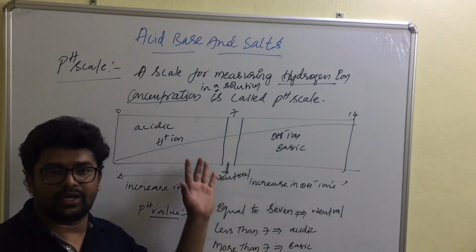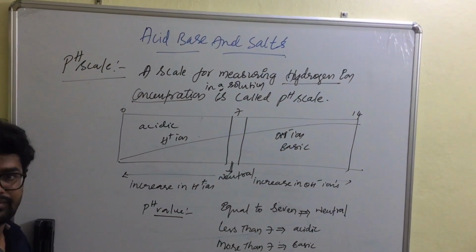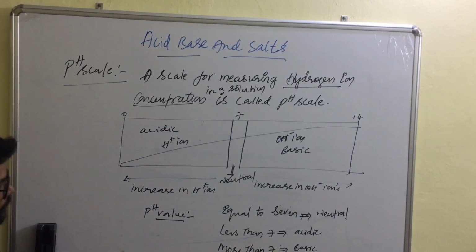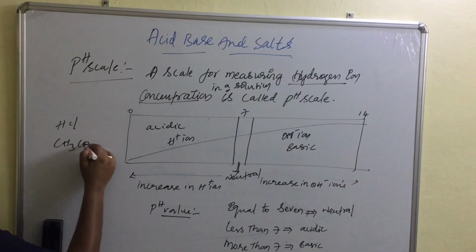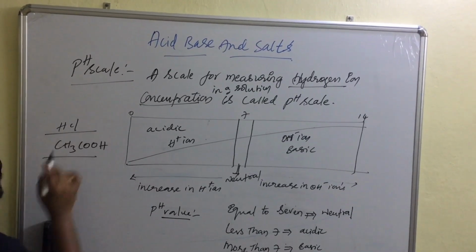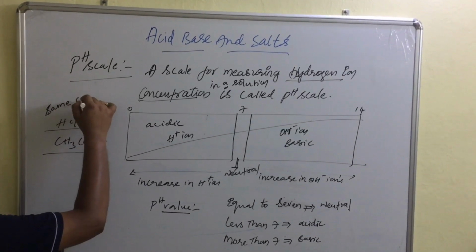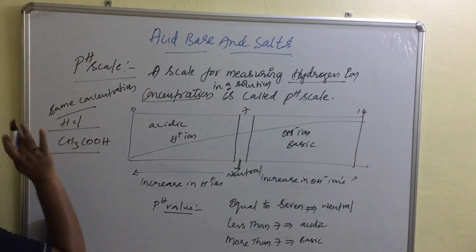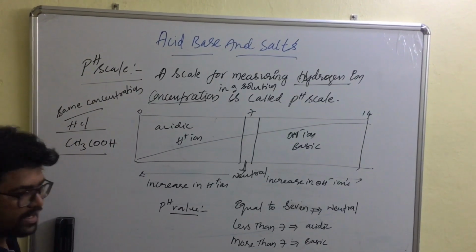The pH scale tells the number of hydrogen ions in a solution. How can we decide the strength of acids and bases? For example, take HCl and acetic acid, CH3COOH, at the same concentration, and measure with the help of a pH scale.